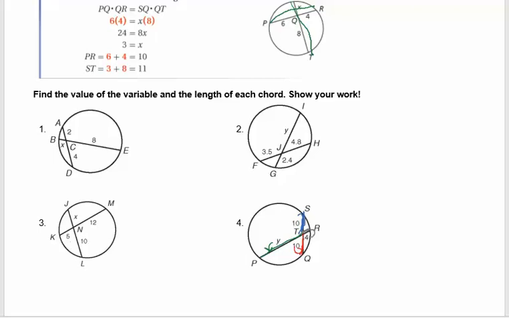So that means that 4 times y will be equal to 10 times 10. Don't forget that once you find what y is equal to by solving that, you still need to go back and say that PR will be equal to whatever y is plus 4. And SQ, you can find already by adding 10 plus 10 and getting 20.